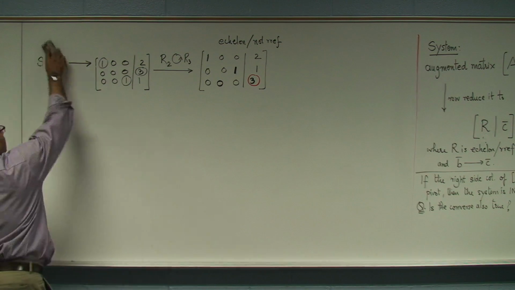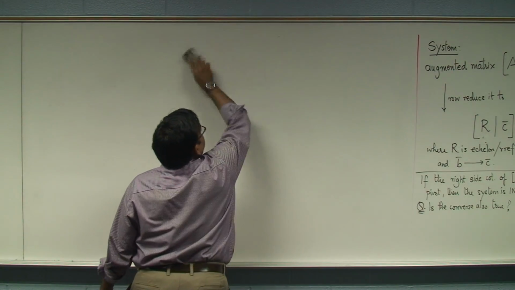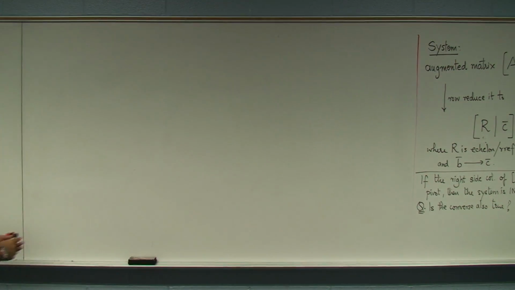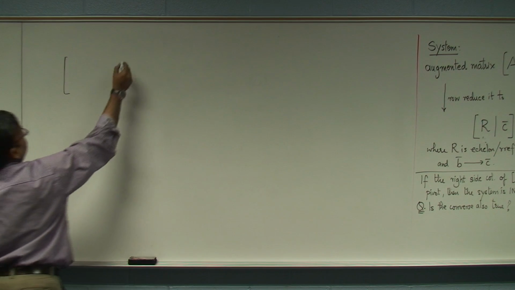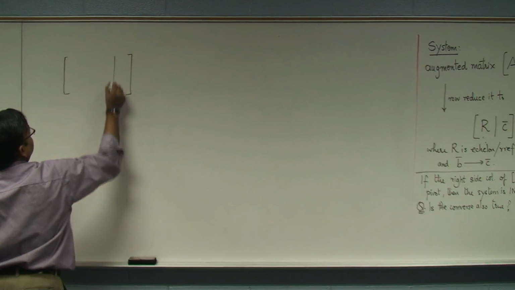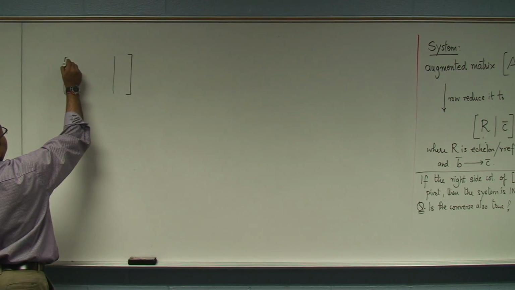So let's try another system and see what other observations I can make. It seems that pivots and free variables are controlling the whole show. So how about something like this? Suppose I got the echelon form of some matrix as this.